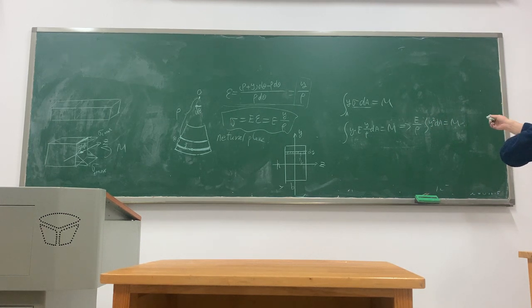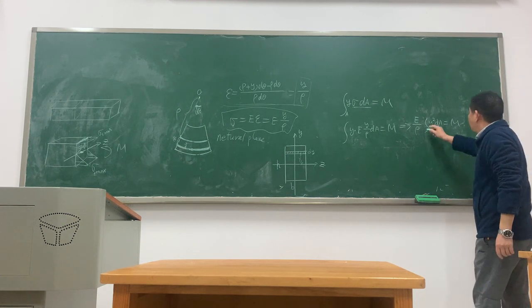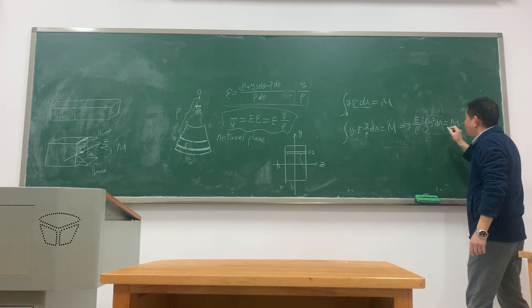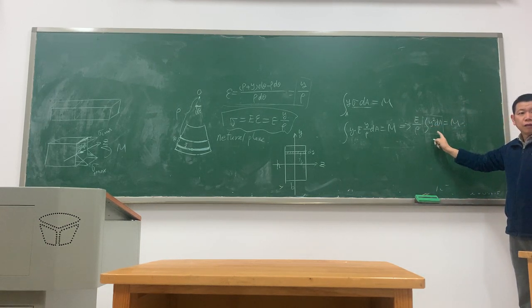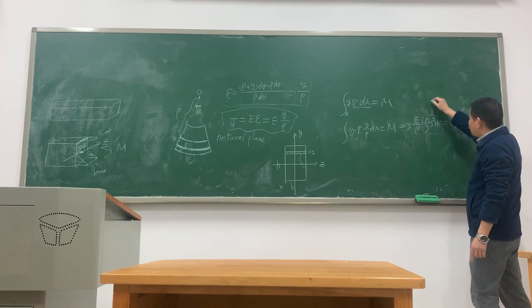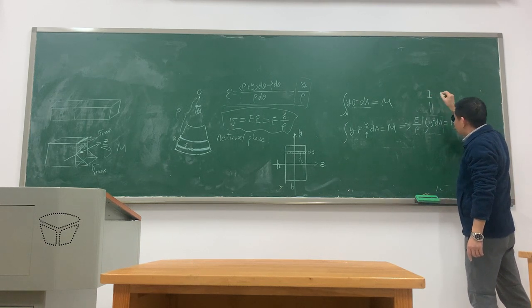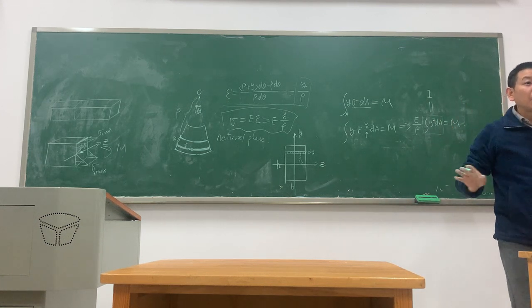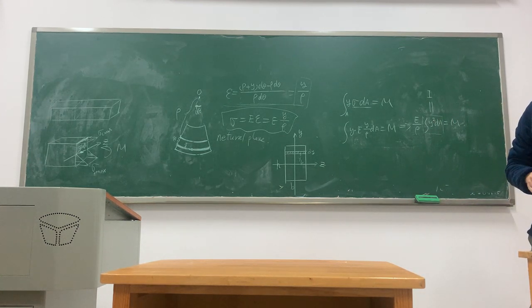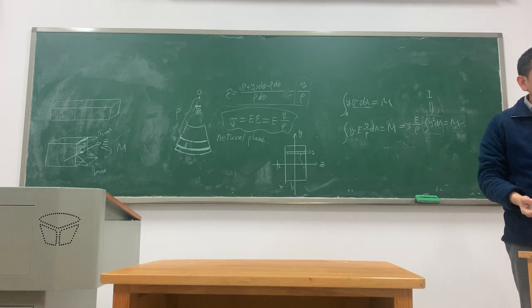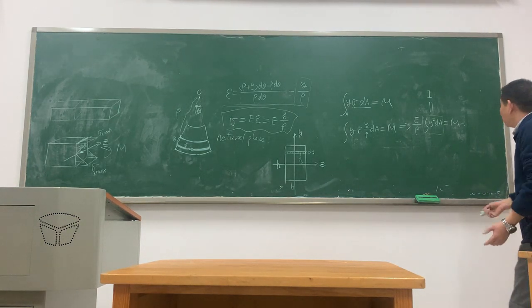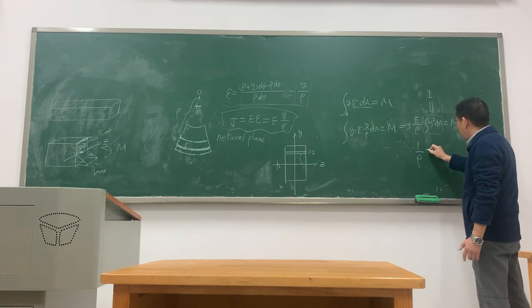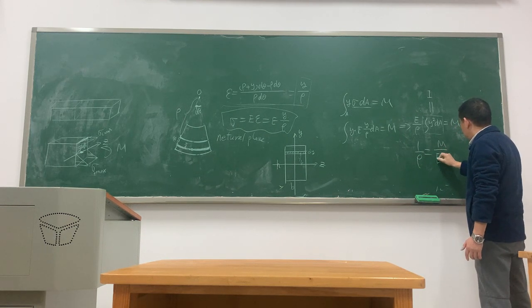So what's this? It's the moment of inertia of the area of the cross section. You forget it. So we know 1 over rho is M over EI.